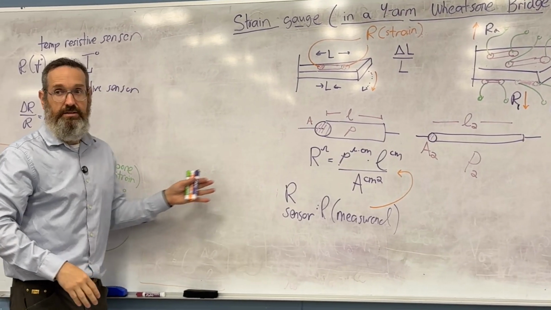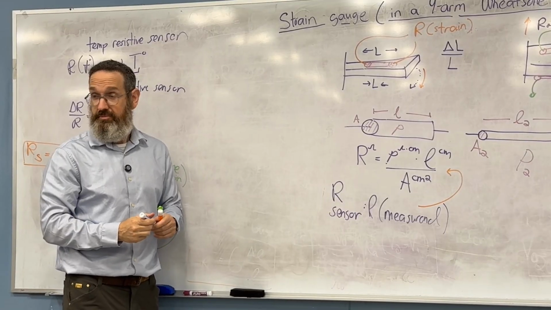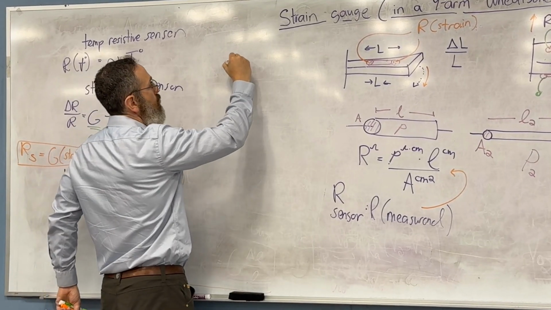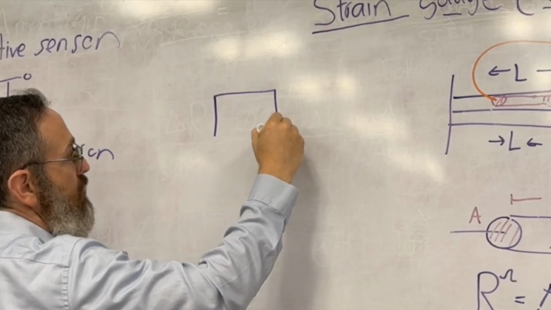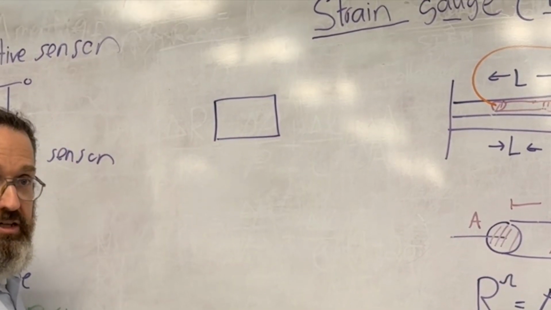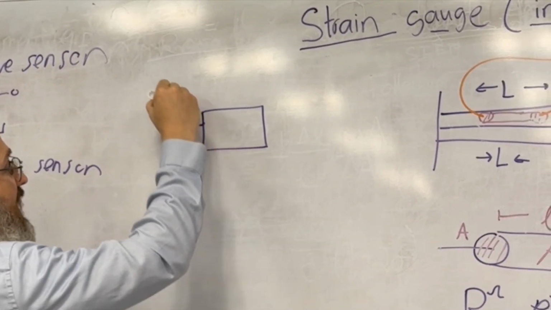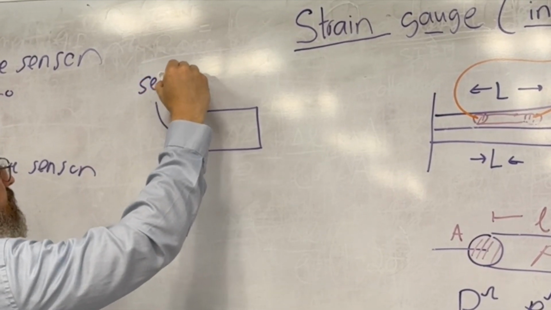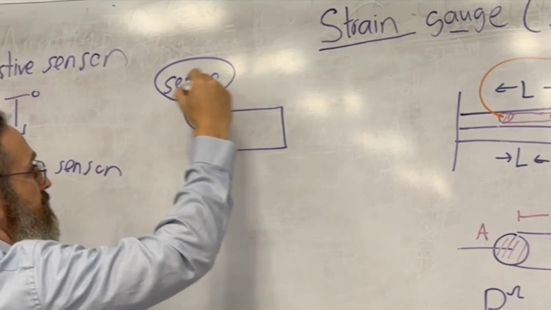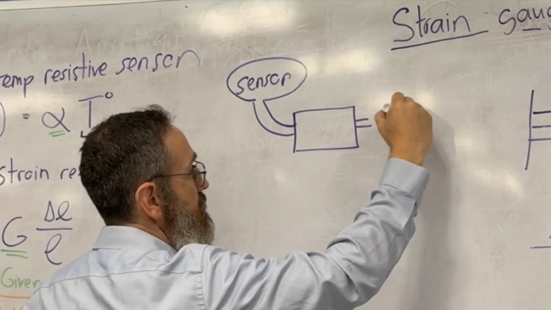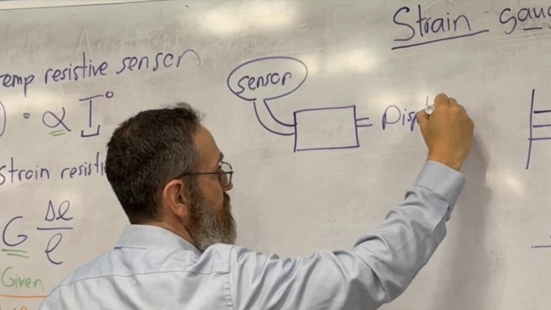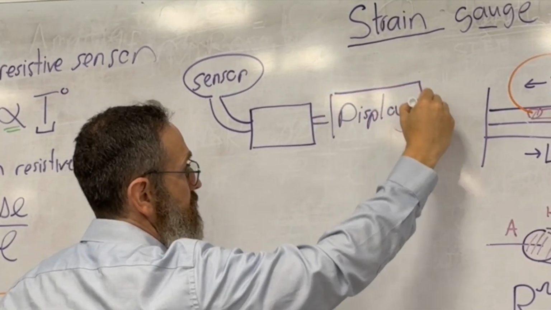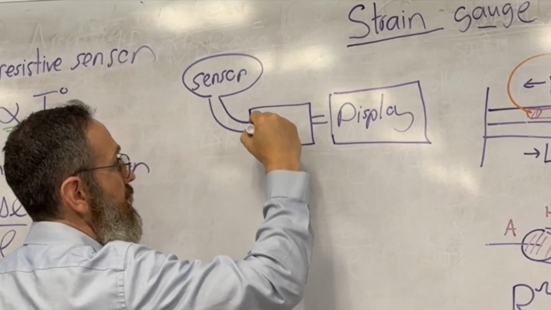I'll do a big lesson in a small space. We have this notion that we are making devices, right? And the devices have a sensor, and on this end there is a display. And here we have a circuit.